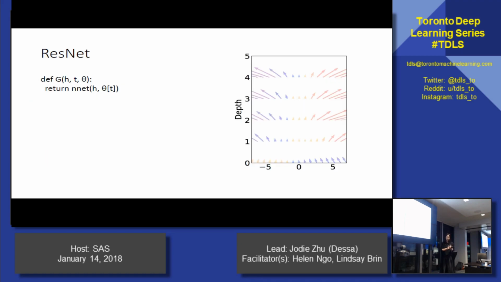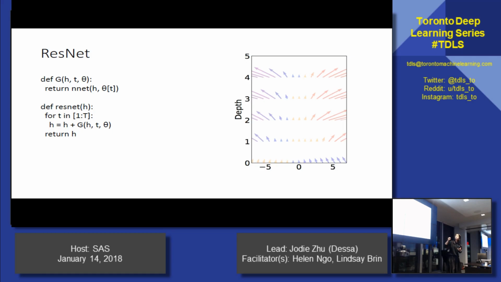Let's review back to the ResNet. When we have the ResNet, we need to define what function g is. You can understand the function g as a residual network block. So it's a small block for different layers. Therefore, you have different parameter zeta. So in the function here, the zeta is relevant to the depth, so it's zeta t.